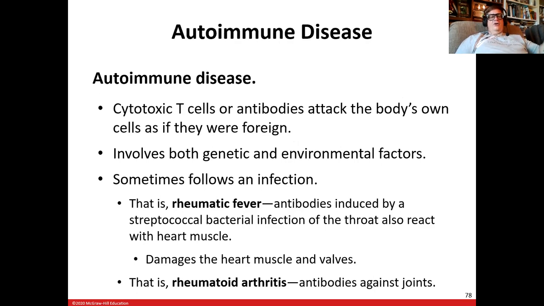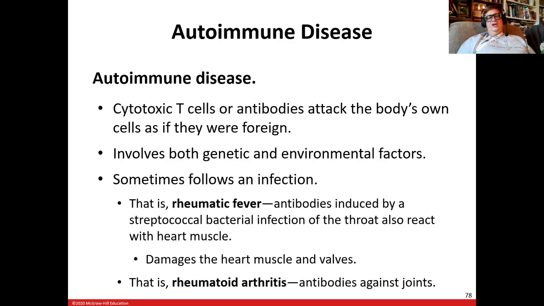All right, so immune diseases. We already talked about some of these, but we'll talk more. In autoimmune disorders, cytotoxic T cells or antibodies from the B cells attack the body's cells like they were foreign. Basically, your immune system is hypervigilant, it's wary, it's wanting to attack, and it attacks too well.